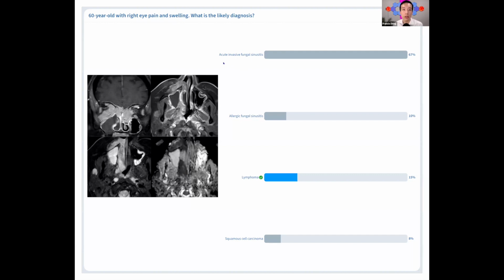Why is it not acute invasive fungal sinusitis, as 67% of you chose? So acute invasive fungal sinusitis causes basically ischemic necrosis of nasal mucosa because fungal elements are invading into the vasculature and causing necrosis of normal sinus contents. And so you would not see large areas of homogeneous contrast enhancement like this.